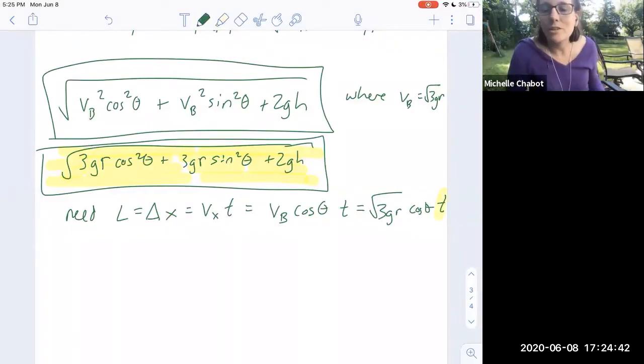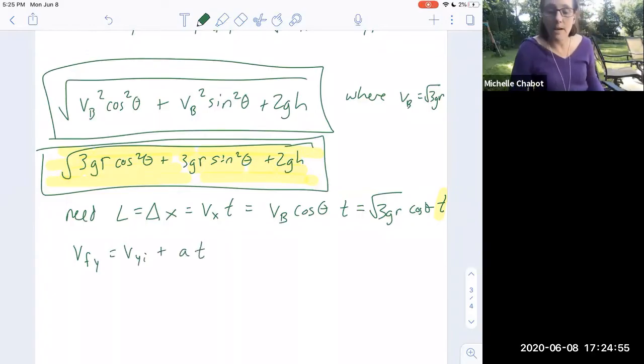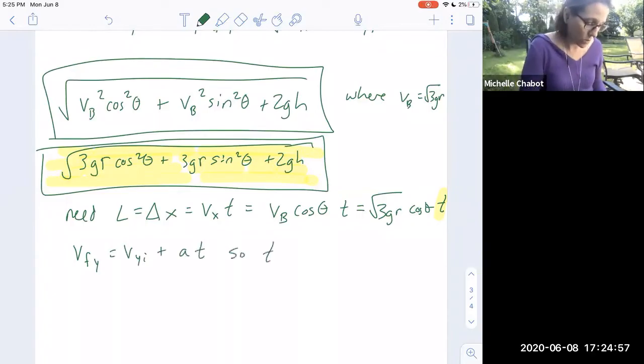So what I can do is then just use the first equation. V final in y equals V initial in y, and then plus acceleration times time. So time equals V final y minus Vy initial all over acceleration.